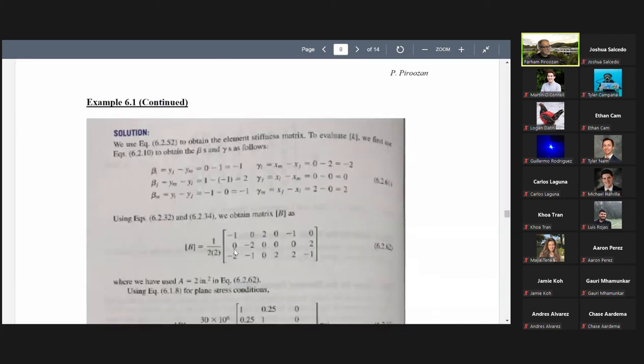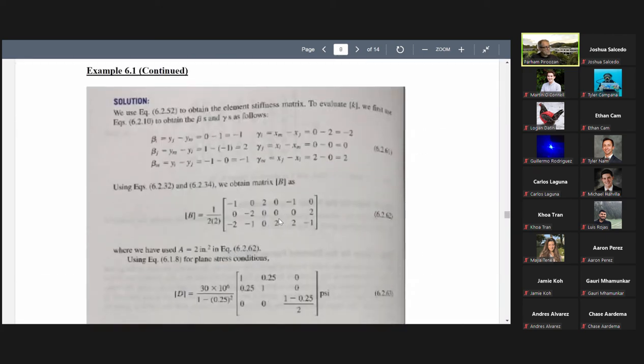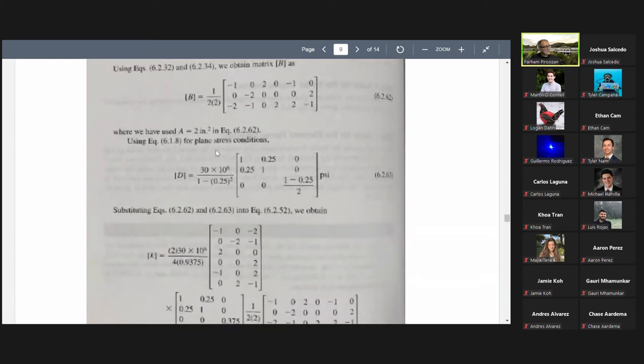So this is the B matrix, all constants. This is the material matrix. Suppose this is plane stress. Remember, for the material matrix we had a plane stress option and a plane strain option.